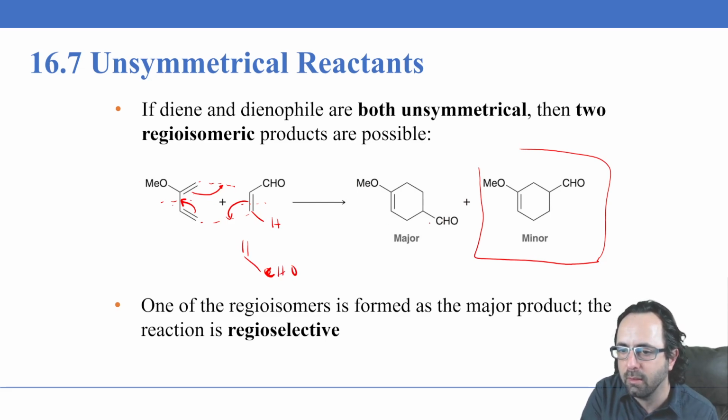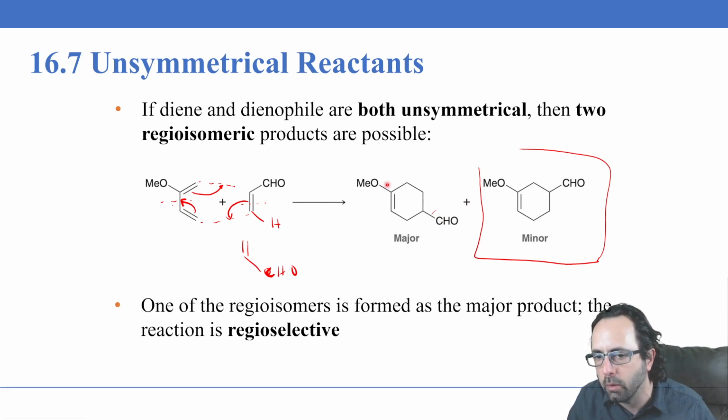And so now the CHO here would be positioned para to the methoxy group here. And so one of the regioisomers is formed as a major product.